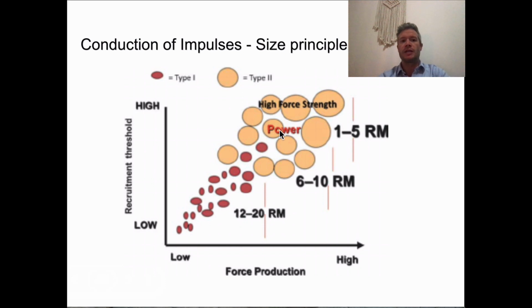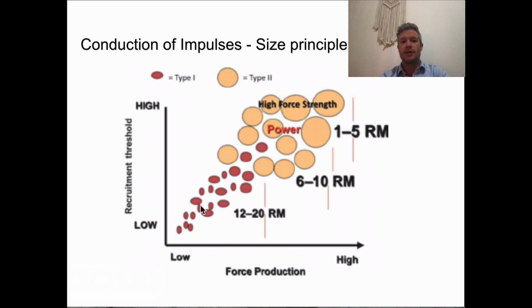Now, the exception being, even though it says power here and high force strength here, being that in a quick instant, sometimes rather than going through this path of lower to greater size of motor units, what we'll also see is a skip to here in the power and high force strength type things, where we're doing 1 to 5 rep maximum efforts or needing to do so with speed.